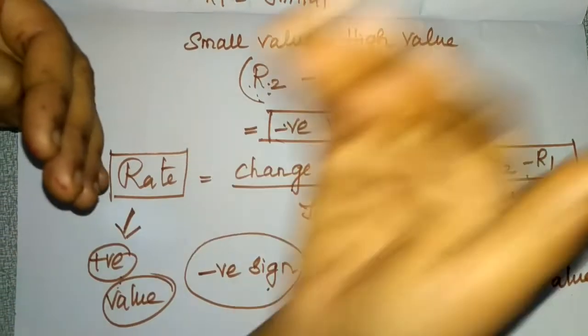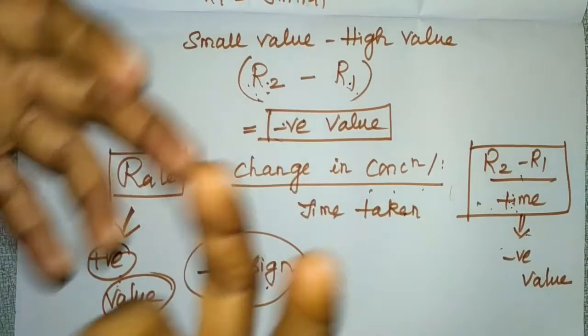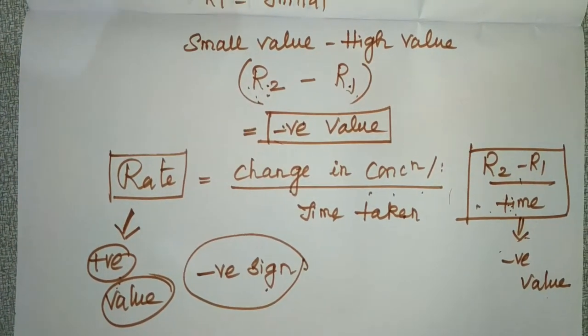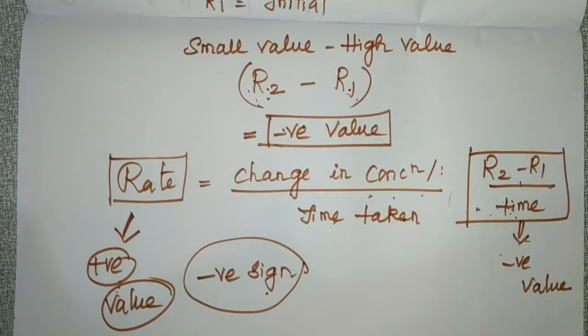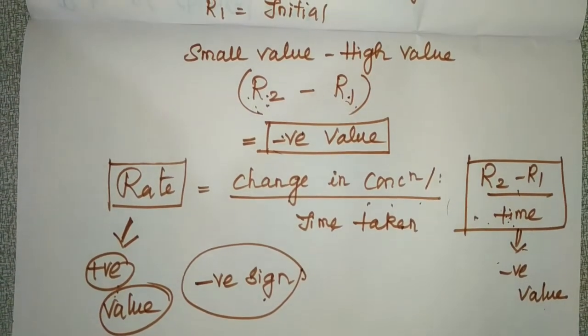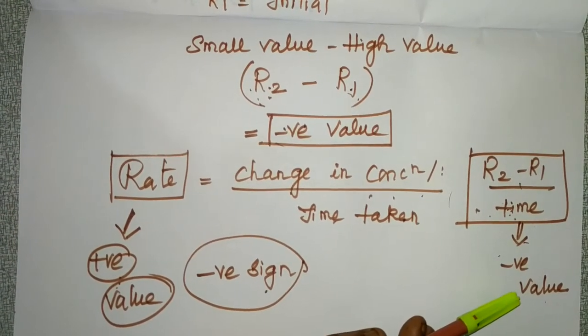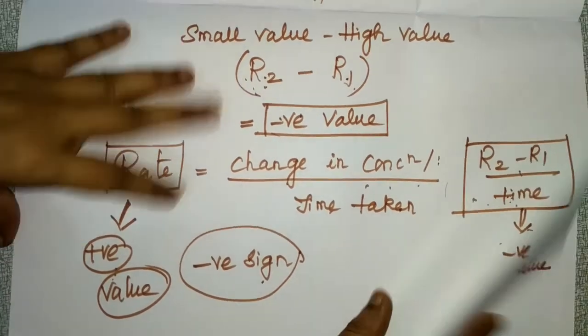If I'm walking from one place to another place, my speed will be positive. That rate cannot be negative. That is the concept you have to understand. So when we are talking about the rate of the reactant, what do you have to do? You have to put a negative sign.